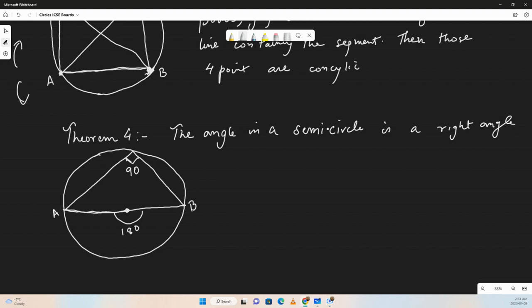Our next theorem is also basically the converse of this theorem. So let me write it down. That's going to be our theorem 5. So what does theorem 5 say?